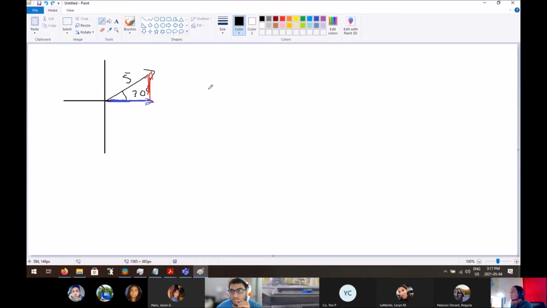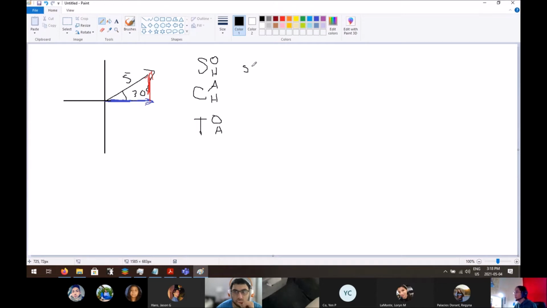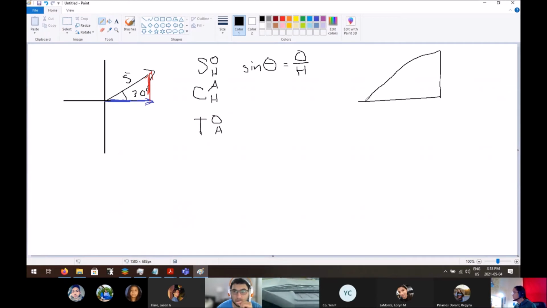Well, you all remember trigonometry? So, SOH CAH TOA, right? The sine of theta of a given angle is equal to the ratio between the opposite side over the hypotenuse. I'm just going to draw a triangle real quick. So you have the right triangle, right? Right angle. And then you pick one of the two remaining corners to be your theta.